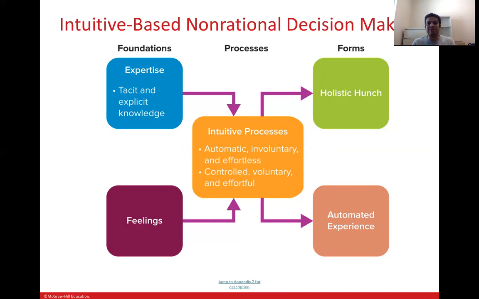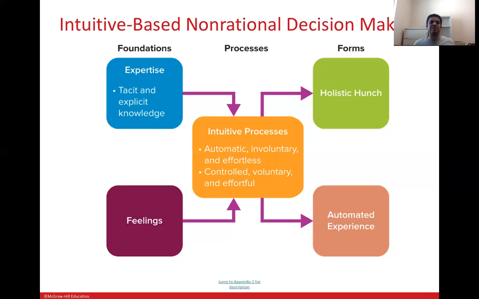You can't really write it in a manual. Explicit knowledge could be, let's say, a certain machine, and in order to operate the machine, you need to do 1, 2, 3, 4, 5, 6. So it's knowledge that we can easily express, codify, and write down.